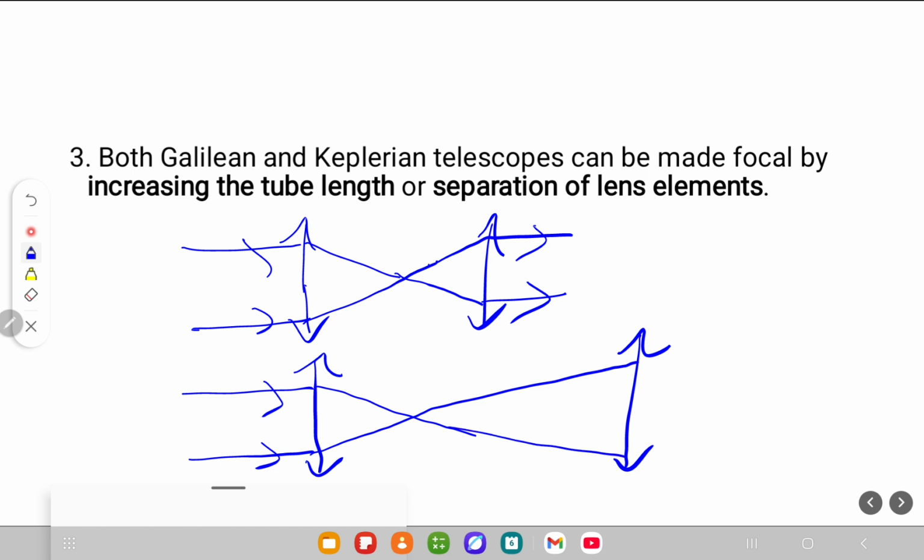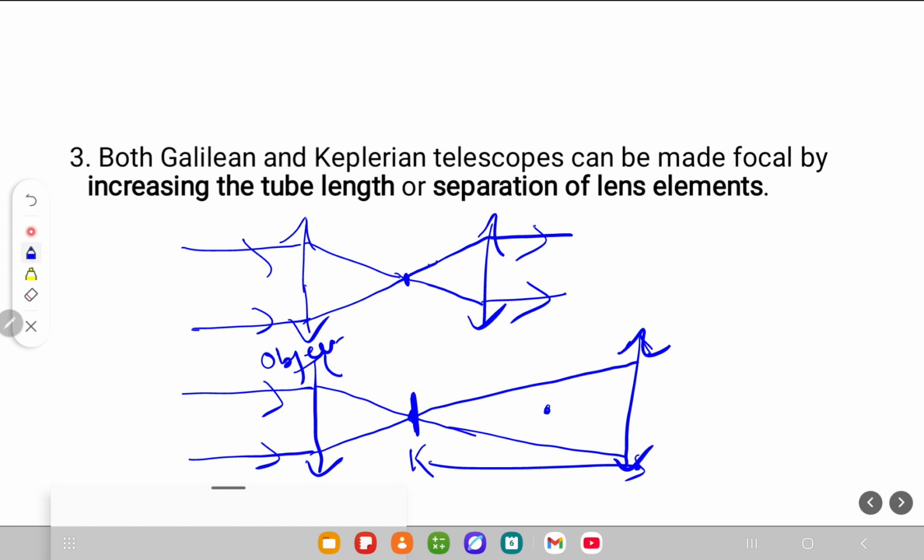Now, when the distance increases, the primary focal point of this eyepiece must be somewhere here, and the object is here, because the image made by the objective lens is an object for the ocular eyepiece.